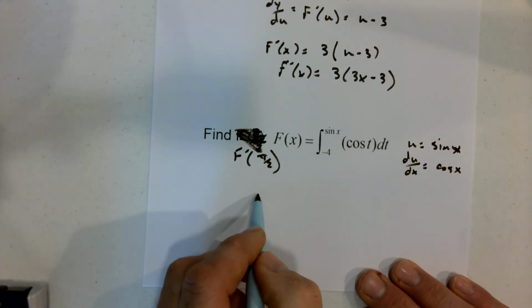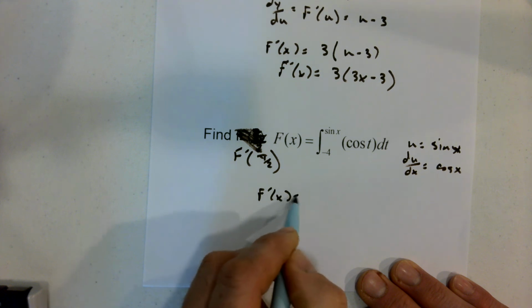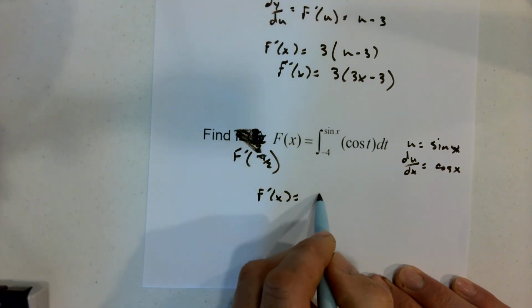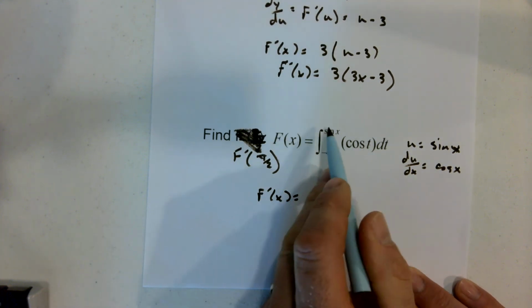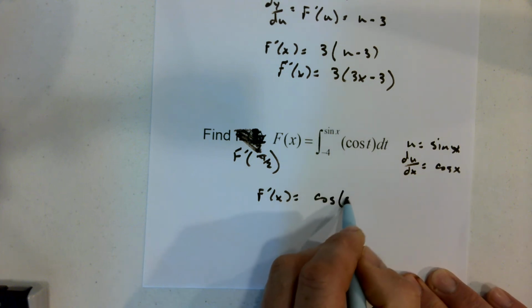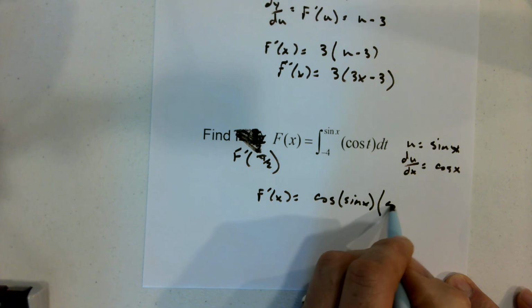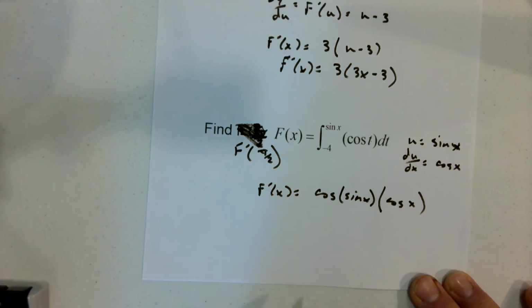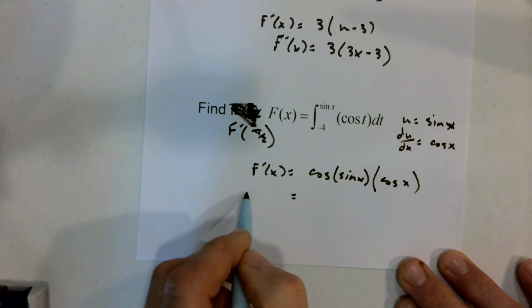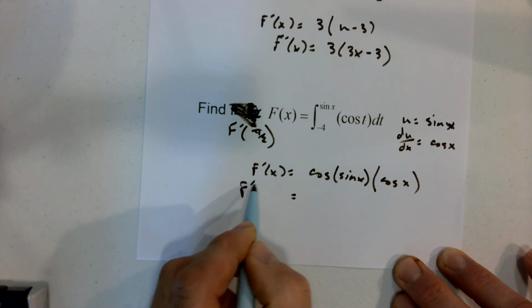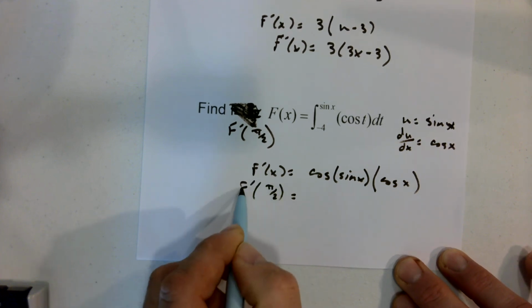So my derivative, f prime of x, is going to equal the cosine of, I'm going to plug in my sine of x, so cosine of sine of x, times the derivative, cosine of x. I can now find f prime of whatever value I want.